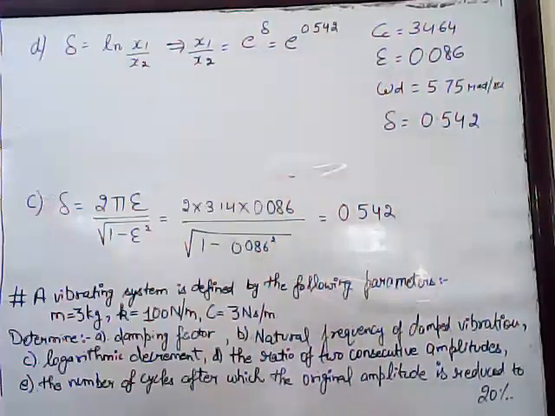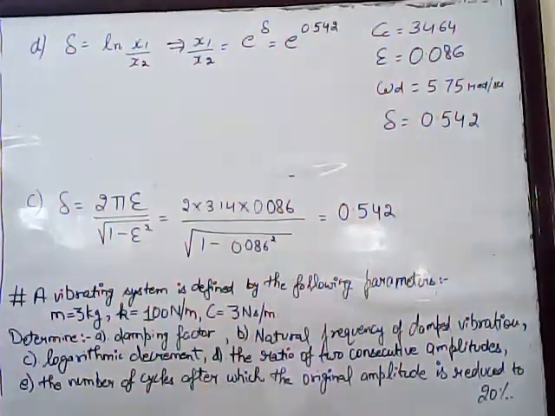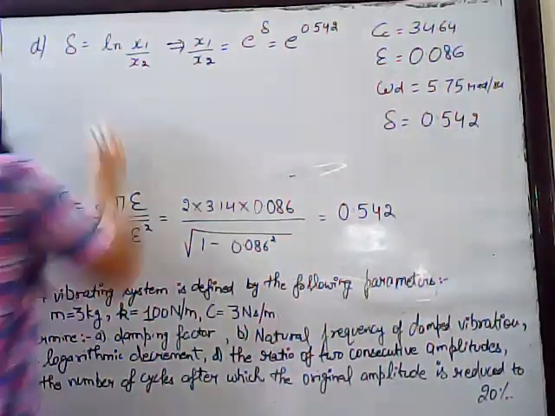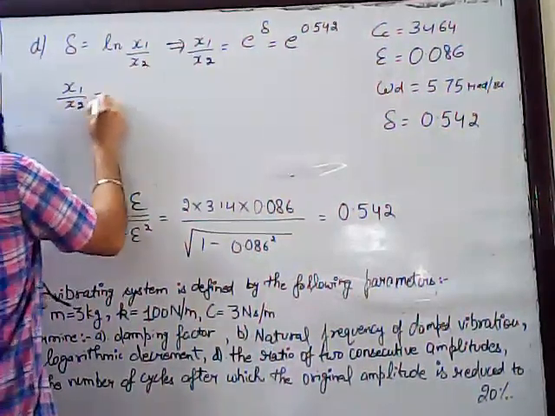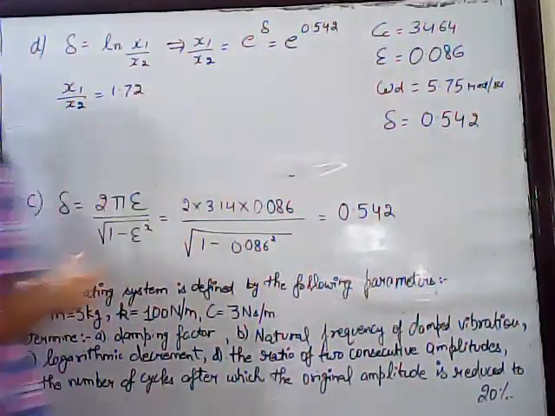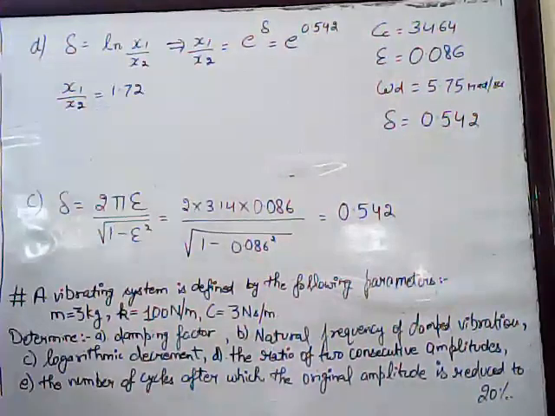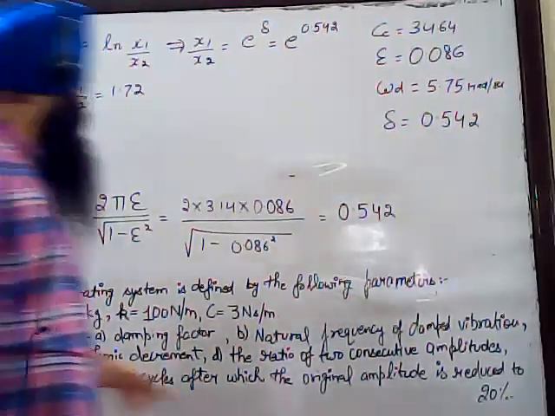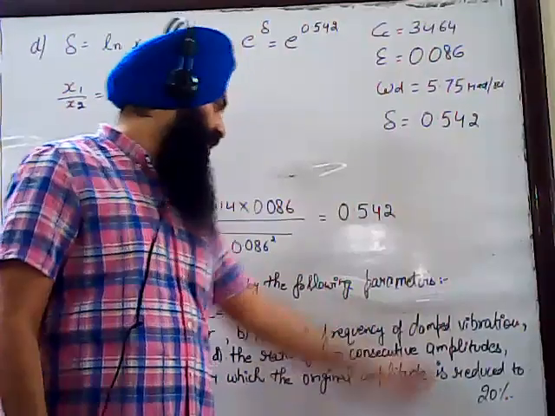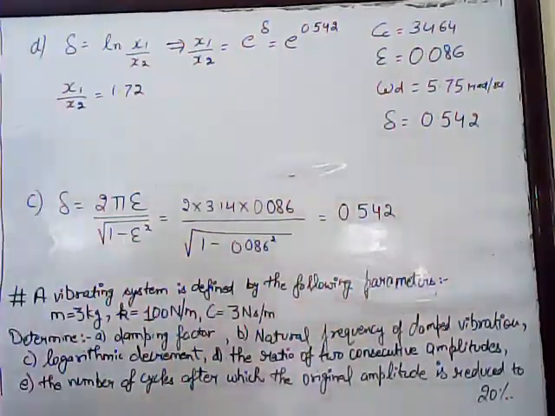So e raised to power 0.542 will be equal to 1.72. So the ratio of two successive amplitudes will be equal to 1.72. The last part is the number of cycles after which the original amplitude is reduced to 20%.